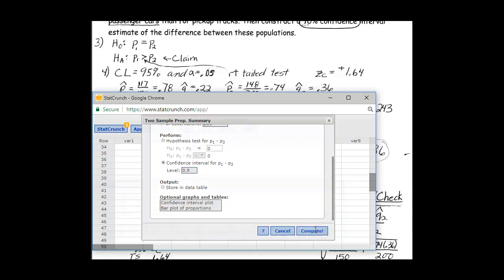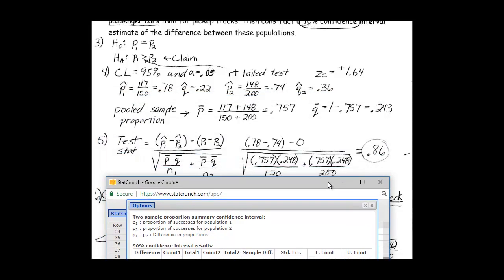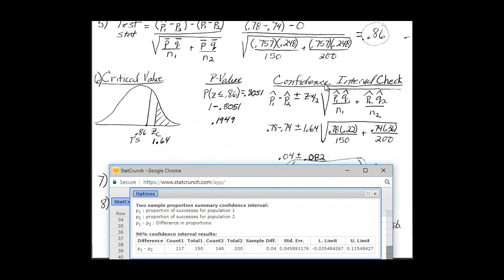So I click compute on that, and that is where I find this negative lower limit and this positive upper limit, and 0 falls in there. It could be that the difference between these two proportions really is 0, and so we cannot reject the null hypothesis. So all three of our methods support fail to reject the null hypothesis.